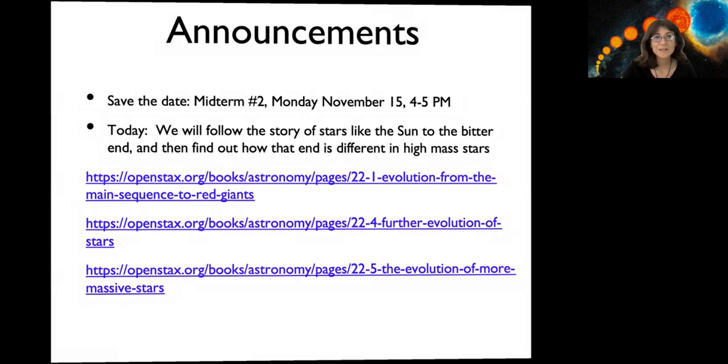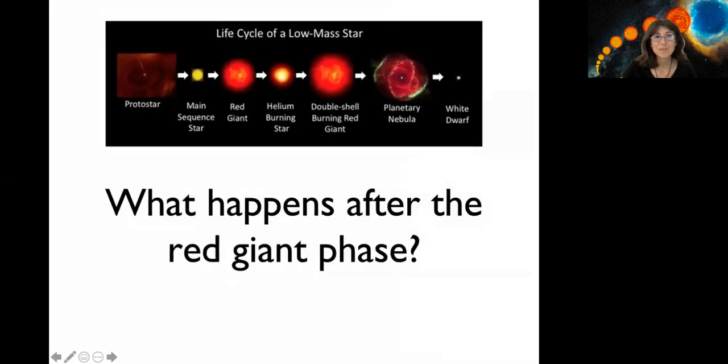So here is a summary of the life cycle of a low mass star, which we talked about, how it starts as a protostar, then it goes to the main sequence, which is when it's fusing hydrogen into helium in the core. After that's over, then the star gets out of equilibrium, right?